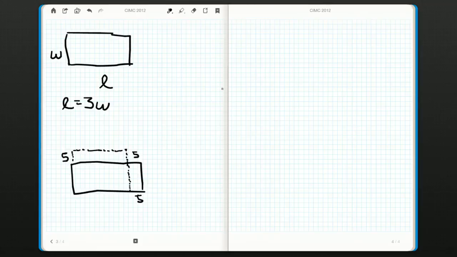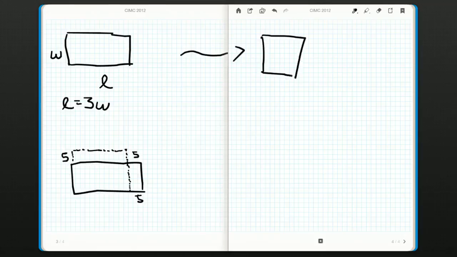So what does that tell us? We can get a little square if we take the length minus 5 and the width plus 5.